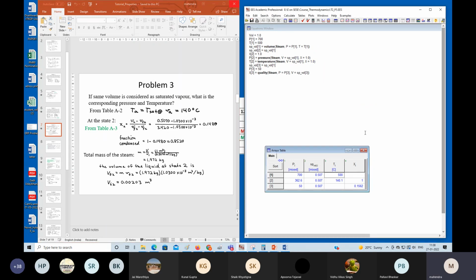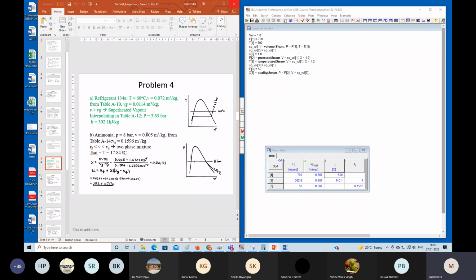So is it clear? Can we go ahead and solve problem number 4? In problem number 4, 2 independent properties are given. Once you type 2 independent properties, you will get certain data.